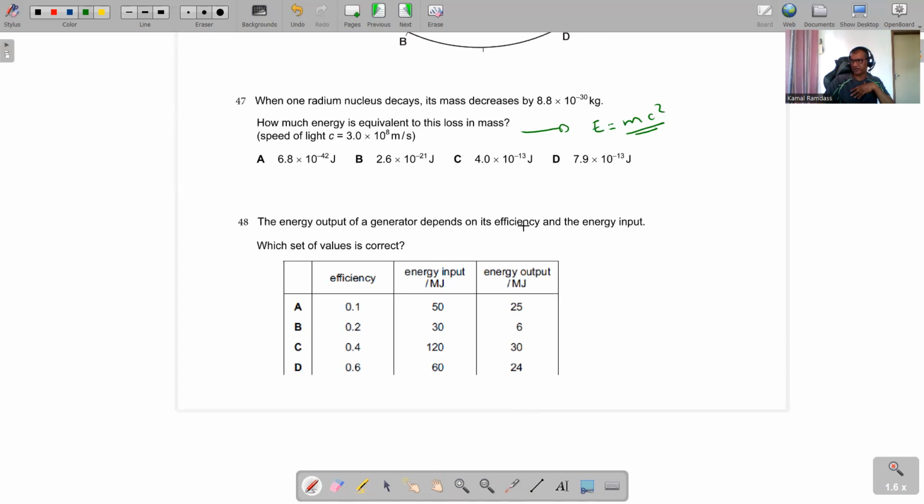This is energy input and energy output. We take output and divide by input to get efficiency. 25 divided by 50 gives 0.5, not right. 6 divided by 30 gives 0.2, that seems right. 30 divided by 120 gives 0.25, not right. 24 divided by 60 gives 0.4, not right. But 6 divided by 30 gives 0.2, which is correct.